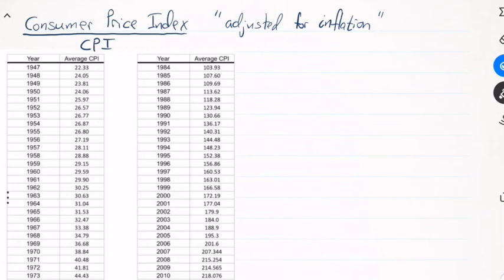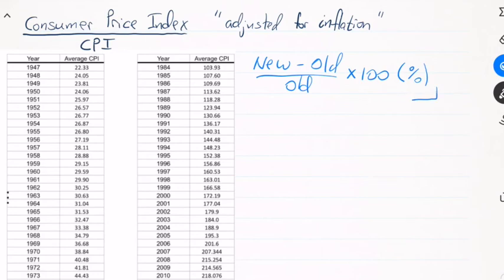And generally, what we're going to do to calculate inflation is go back to good old formulas: new minus old divided by old. So if we do new minus old divided by old based off of these CPI numbers, and then multiply that by 100 and change it into a percent, this becomes known as the inflation rate.